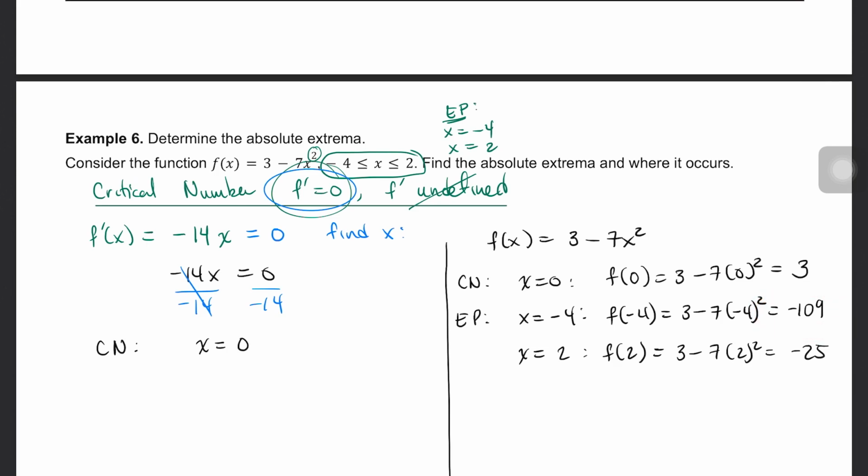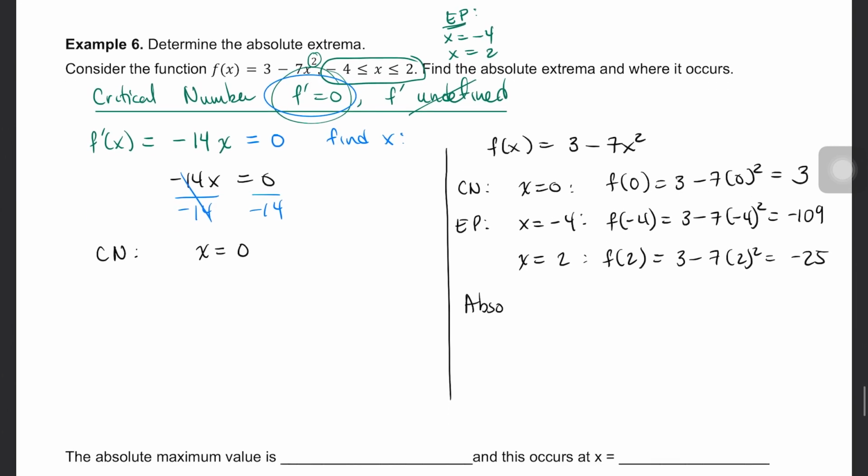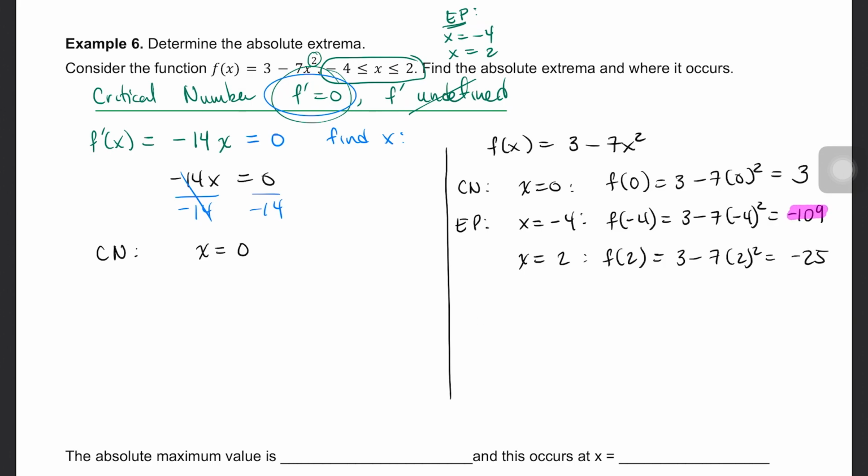So the absolute minimum is actually negative 109, and it happens at x equals negative 4, because that's the lowest value of the function, right? And there's nothing lower than this number, negative 109, in the entire function between negative 4 and 2.